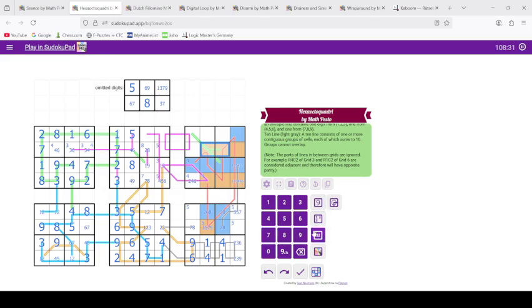This is 1, 3, 7, or 9. This is not 1, 3, or 5.